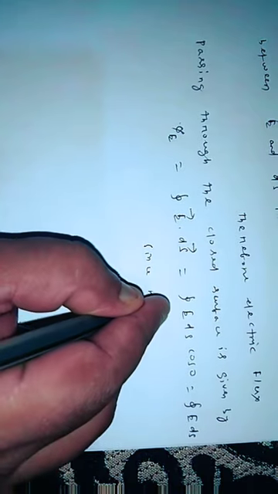Since the magnitude of E is constant over the considered Gaussian surface, E can be taken out of the integral.